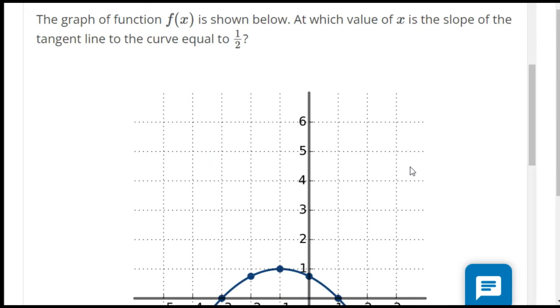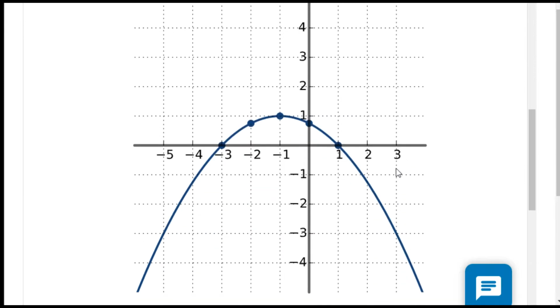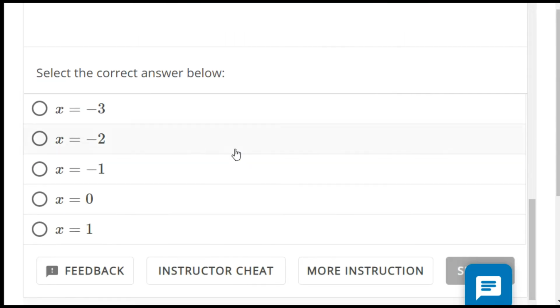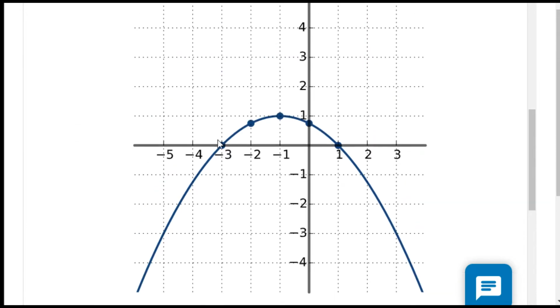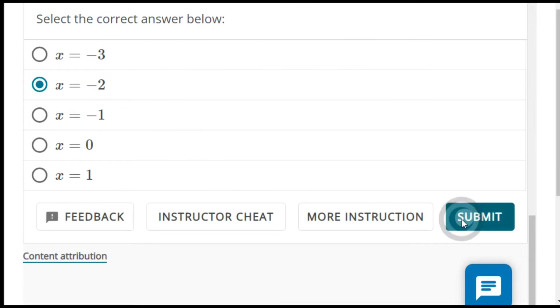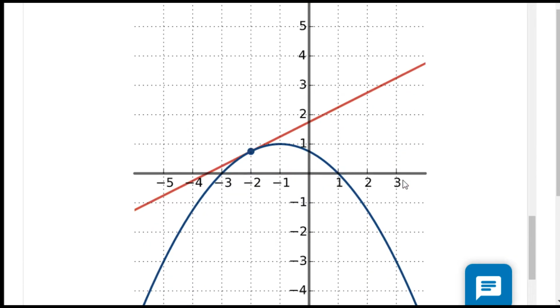We've got a graph of a function. At which value of x is the slope of the tangent line to the curve equal to 1/2? It's got to be this guy, right, when x is -2. Reason being is that it's probably a slope of 1 for this point, and it's 0 right there and negative on these. And here would be the picture.